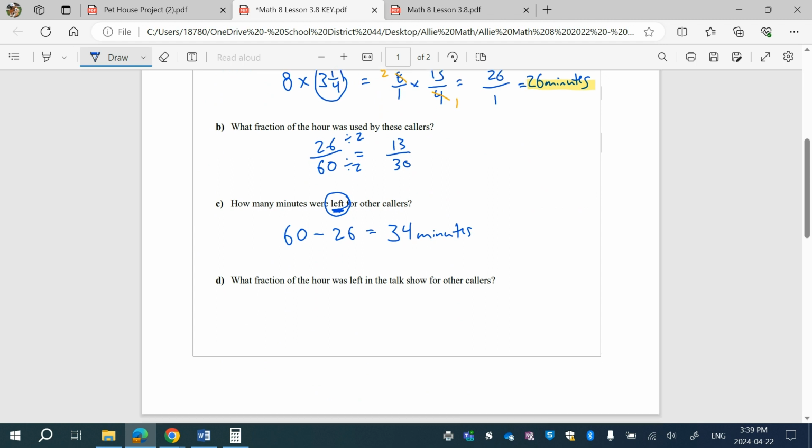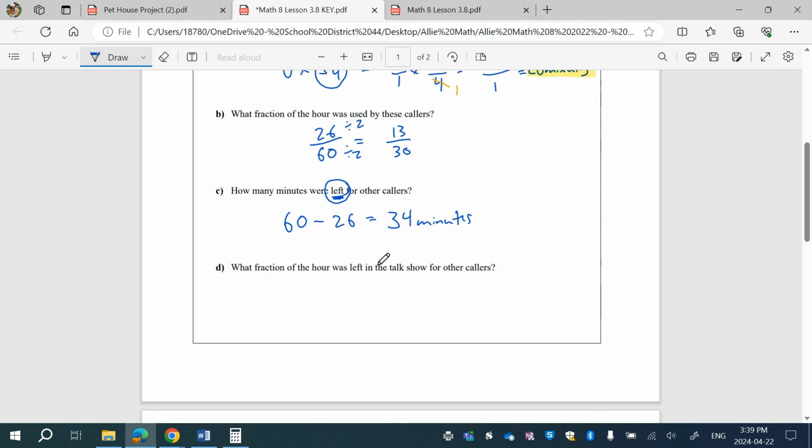And finally, what fraction of the hour was left in the talk show for other callers? So we just answered that question there, and we need to just relate it to the entire hour. So 34 out of the 60 minutes are left. Looks like they're both even, so we can reduce by 2, and that is 17 over 30.